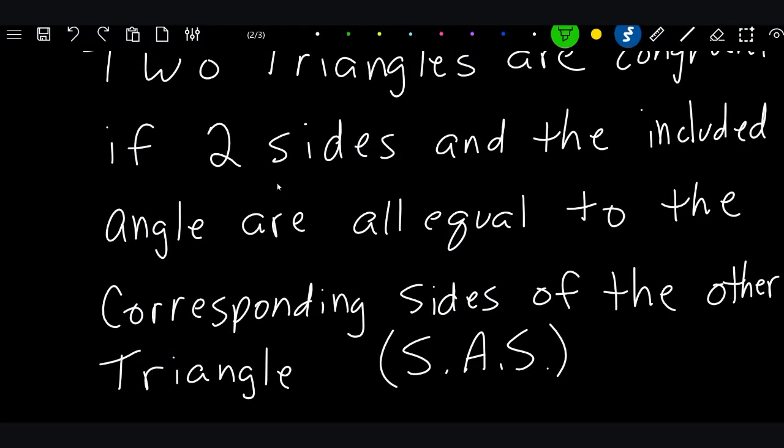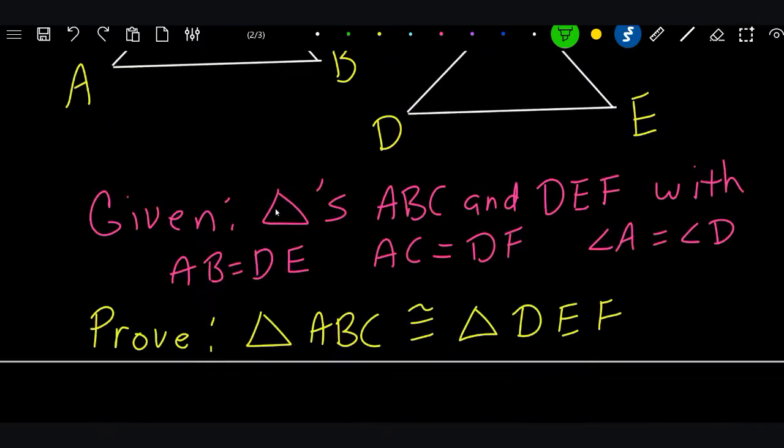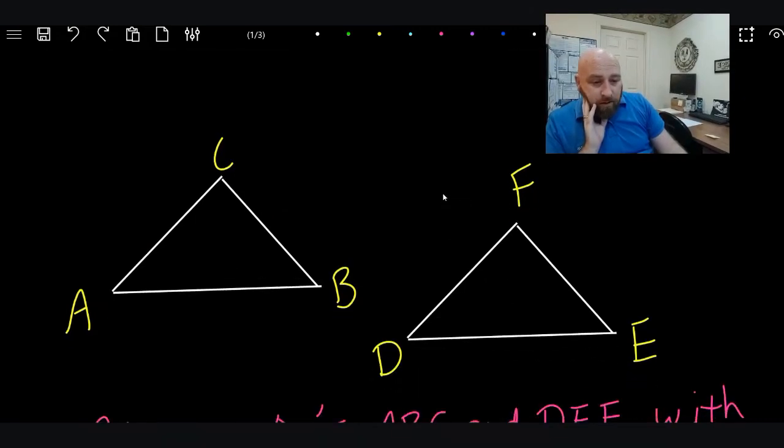Okay, let's take a look. I've drawn a picture of the triangles that are in your book on page number 47. Here are the triangles listed on page 47, and you have two different triangles that look to be congruent.